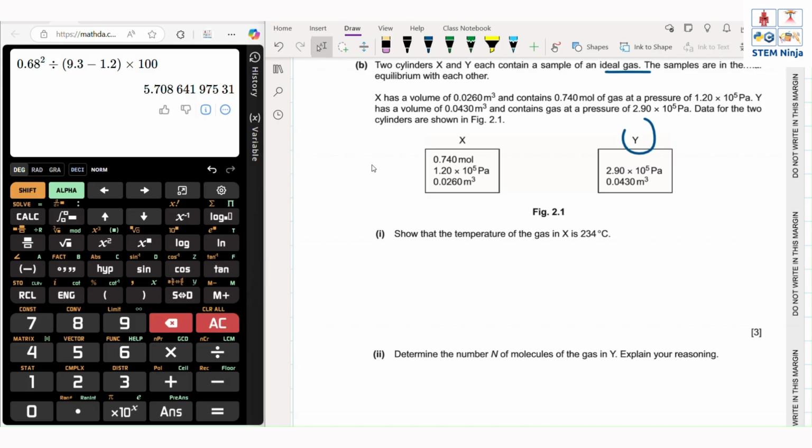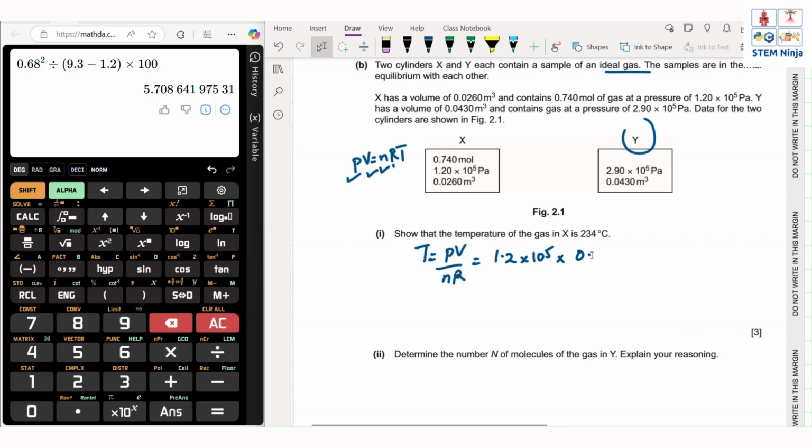We know that these are ideal gases, so they will obey PV equals nRT. We have the moles, the pressure and the volume. R is a constant, so we just need to solve for T. T is the thermodynamic temperature, so we will convert it into Kelvin. So T is equal to PV over nR. P is given as 1.2 times 10 raised to power 5.